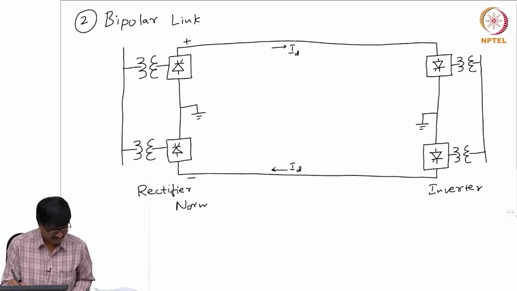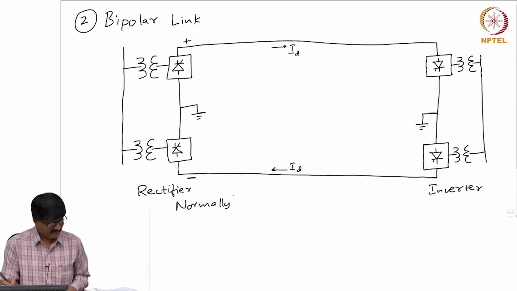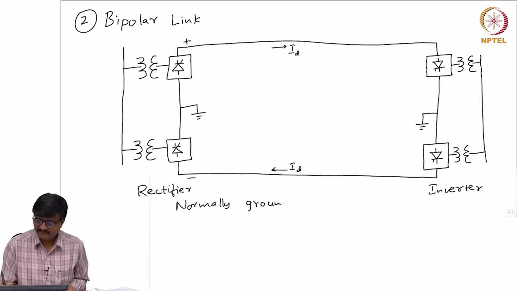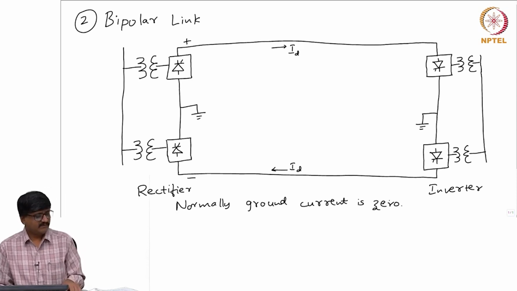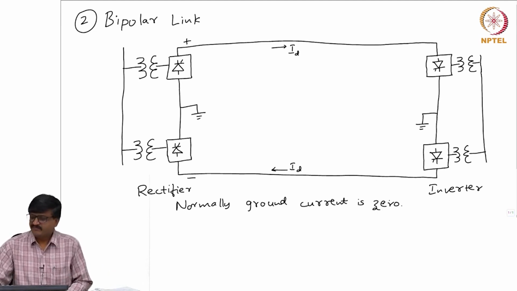Normally, ground current is 0. So, this is what is known as bipolar.